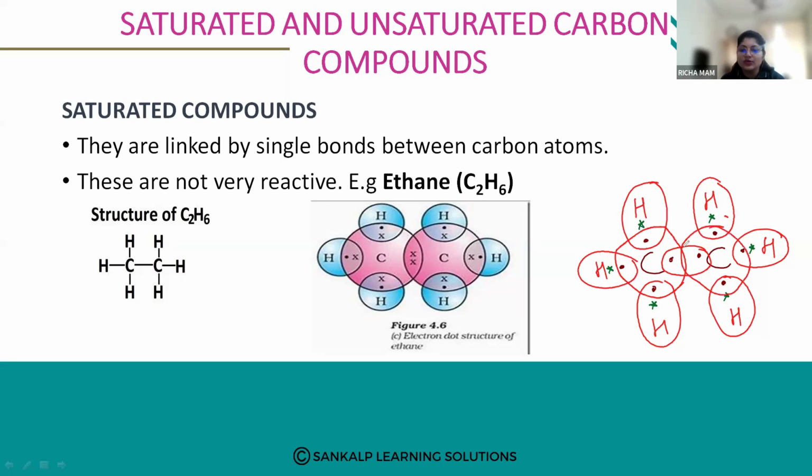So how is the bond formed? Carbon, single bond, carbon, and here one hydrogen, here one hydrogen, here one hydrogen, and so on. So this is the structure of your ethane.